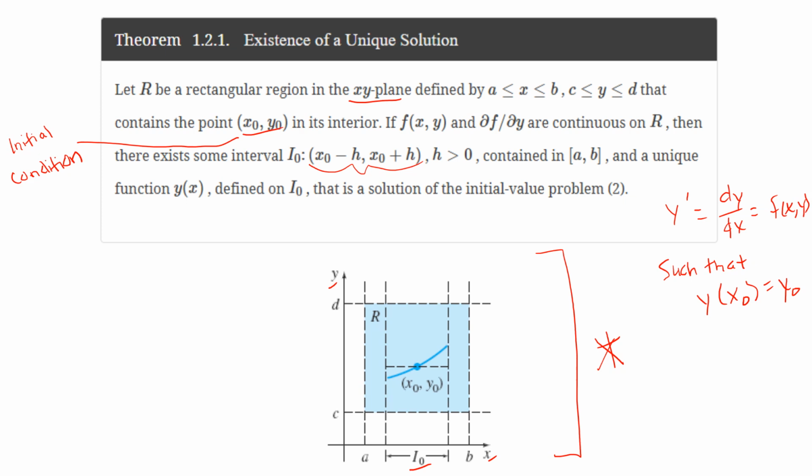That's all that this theorem states, but we're going to use this theorem to answer some example problems.